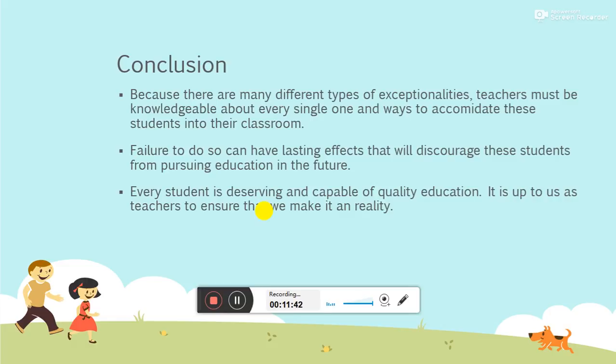So it's up to us as teachers to encourage them to learn and encourage them to never stop learning and never quit on school, and to give them the best opportunity to learn, whether it's teaching them new ways to learn or different ways to get them to learn the material.